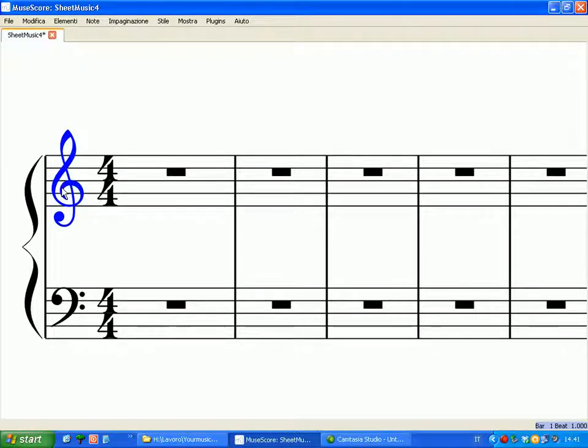We start with the treble clef, so with the right hand staff. So how can we find the pitch of the notes?